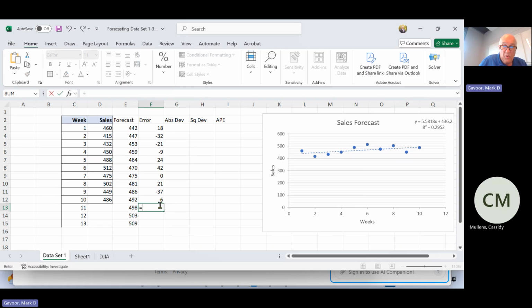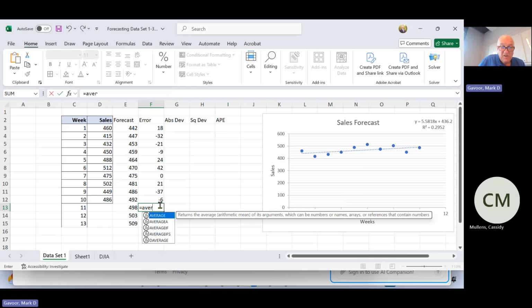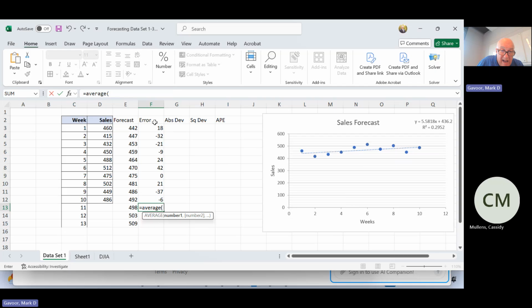But I want the average, so why don't I just say equal sign? And Excel has so much functionality in that it has mathematical functions in it. If I type average, it will tell me, here's the first one, returns the average arithmetic mean of its arguments. That's what I want. So I put a parentheses, and then I go to the top.